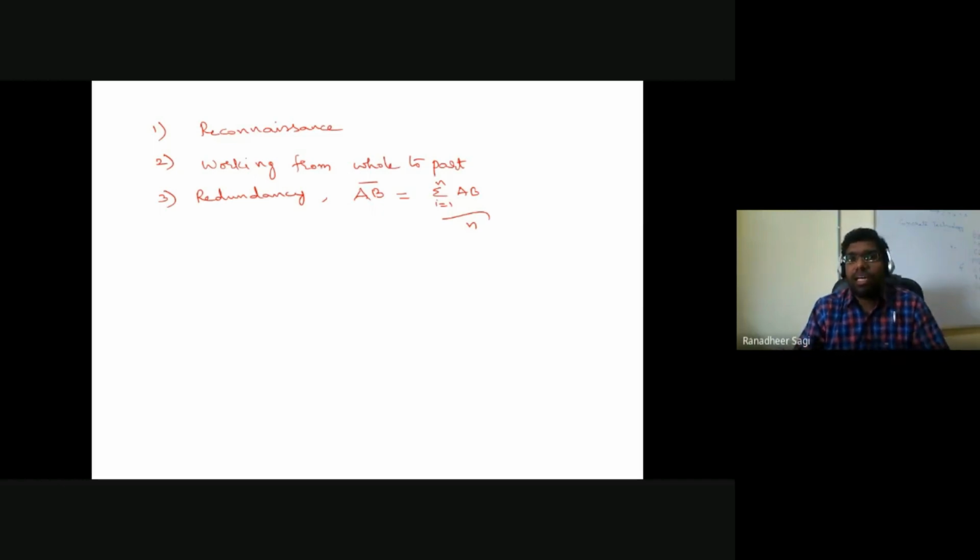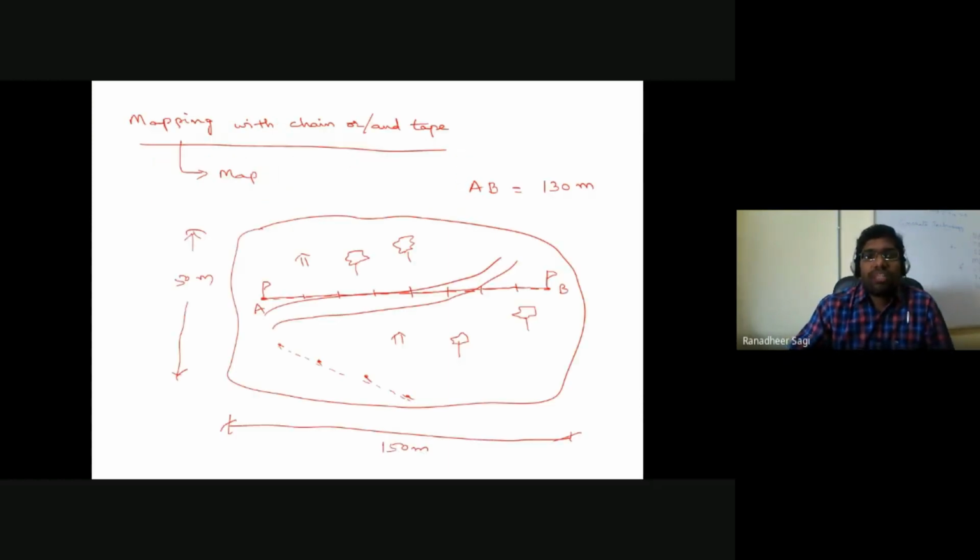So ultimately, what I am trying to do is calculate the average distance you have measured in those 4 to 5 trials. Okay, so that average value is going to be reported as the length between the control station points A and B, which I am representing as 130 meters.